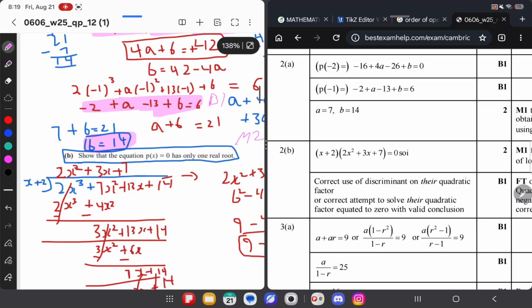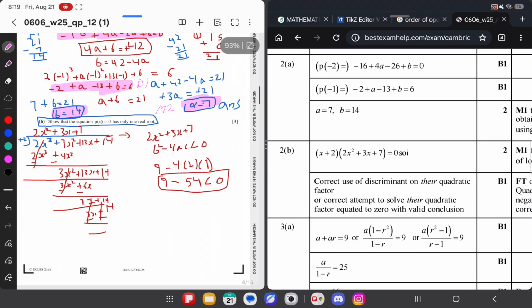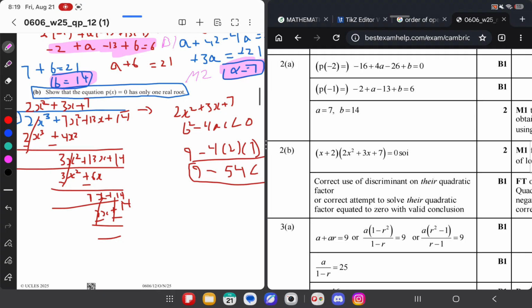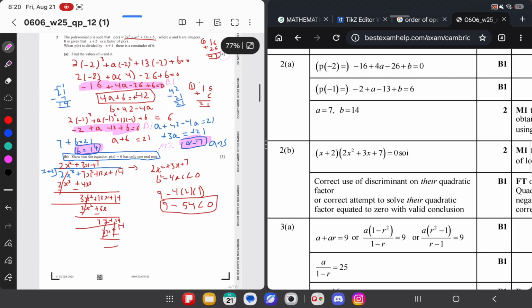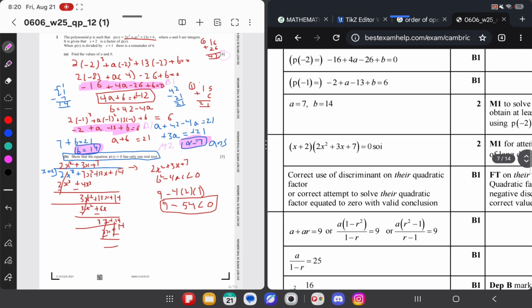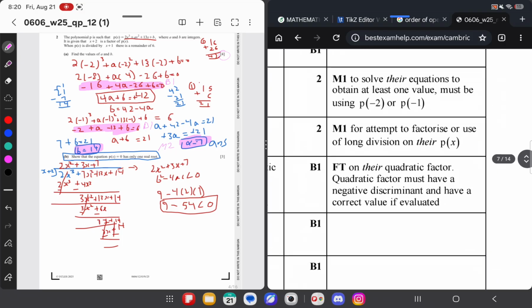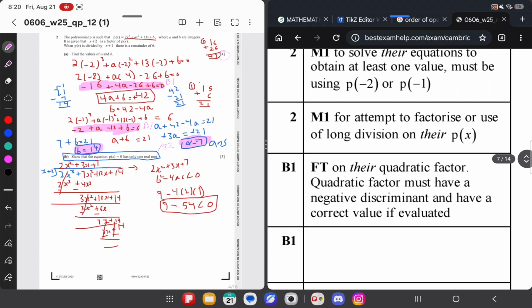Next is 2B. We want to factorize this. Seen or implied that this equation is set to 0. Correct attempt to solve, correct use of discriminant on the quadratic factor or correct attempt to solve the quadratic factor equated to 0 with valid conclusion. For FT, on a quadratic factor must have a negative discriminant and have a correct value if evaluated.